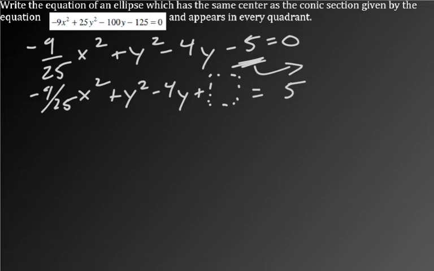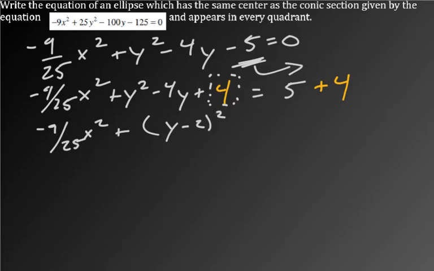You square it, you get 4. And so we got to add a 4 on this side in order to balance this thing. And then we can actually find the center of it. So this thing factored is just y minus 2. And so I got y minus 2 squared in there, and then this is 9.